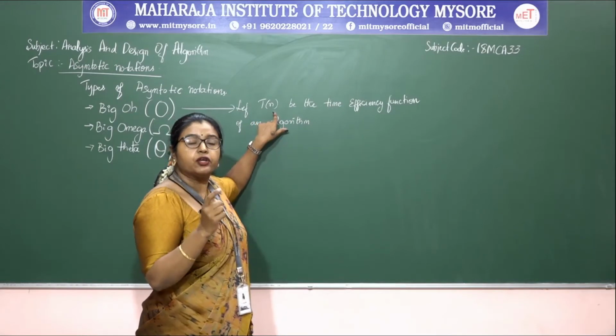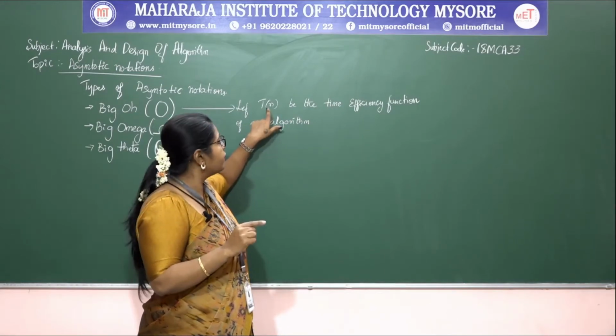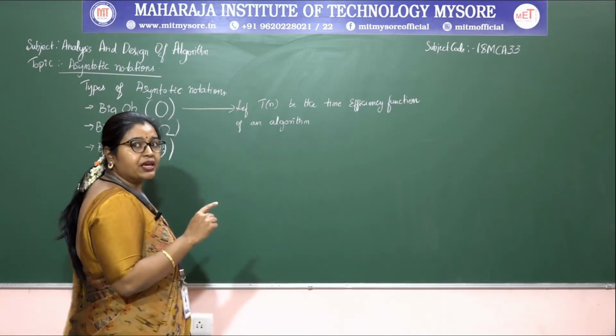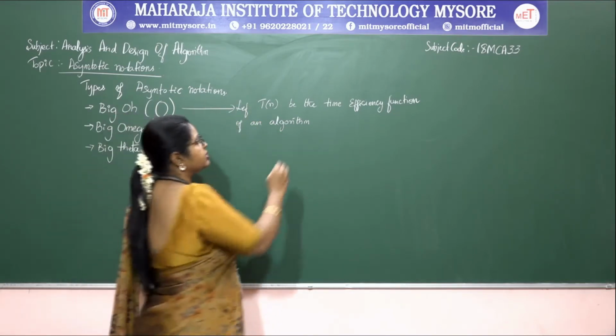If your function T of n is to be represented in big O, then what is the criteria?